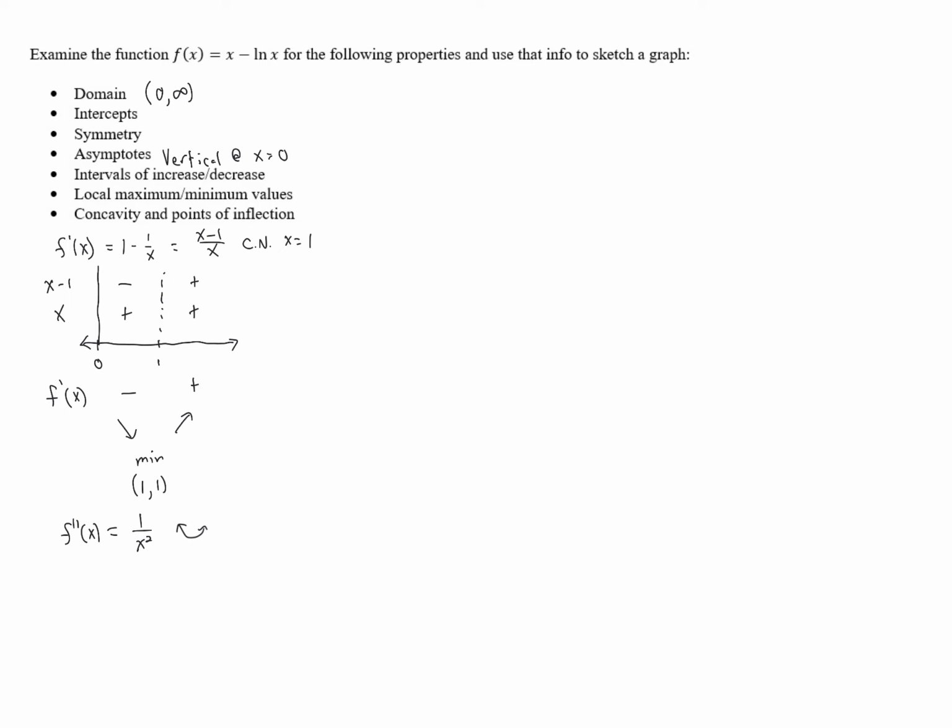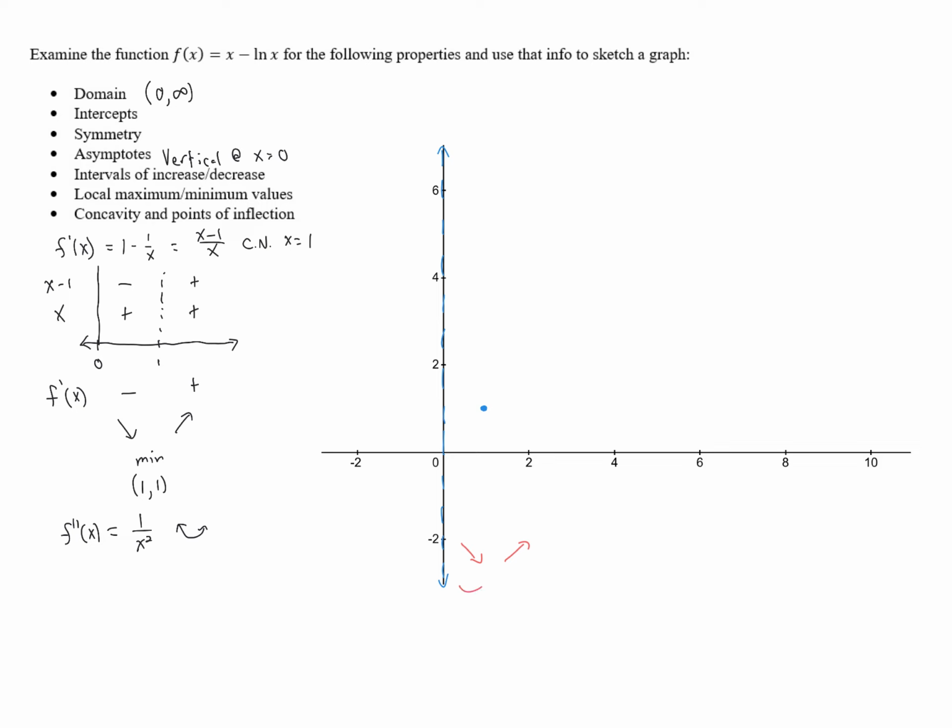And now that we have all of that, we can sketch our graph. We know we have a vertical asymptote on the y-axis. So I can put that in here. We know that we have a minimum value at 1, 1. We know that our function is going to be decreasing and then increasing and concave upward the whole time.